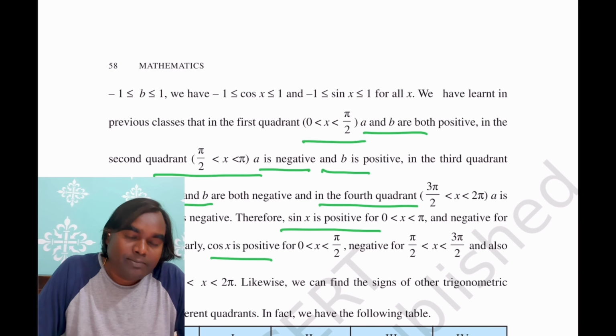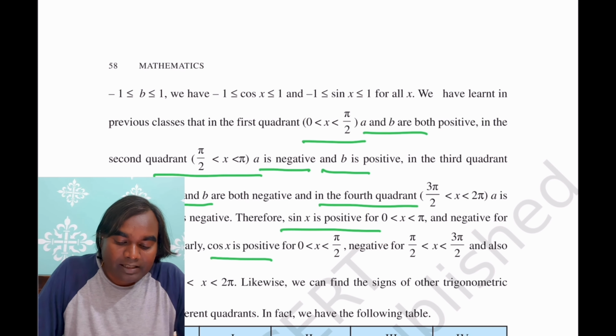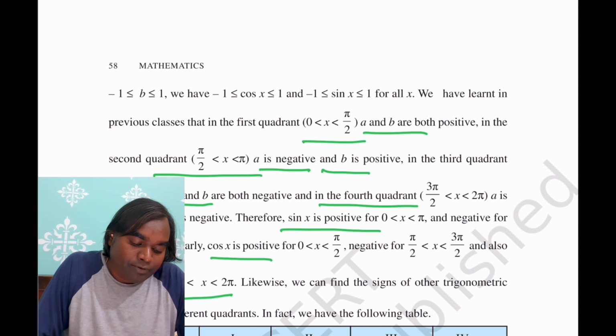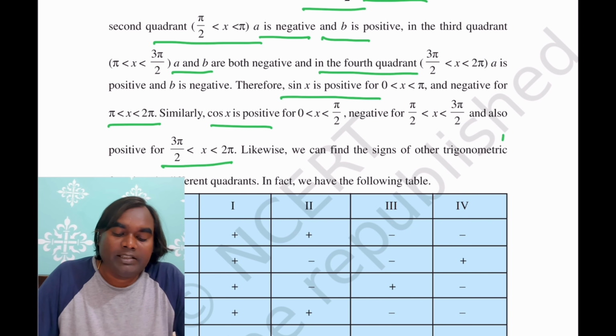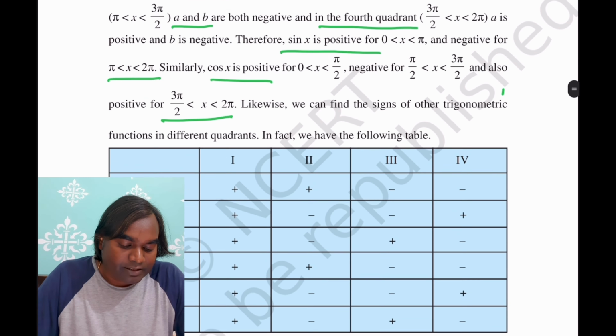Similarly, cos x is positive for the first quadrant and negative for pi by 2 to 3 pi by 2, that is the second and third quadrant, and also positive for the fourth quadrant. So similarly we can find the sign conventions for the other trigonometric functions.